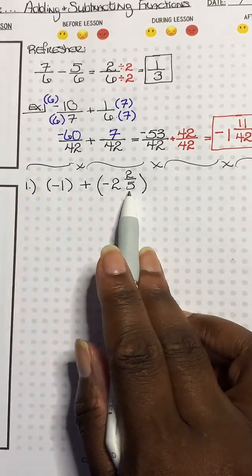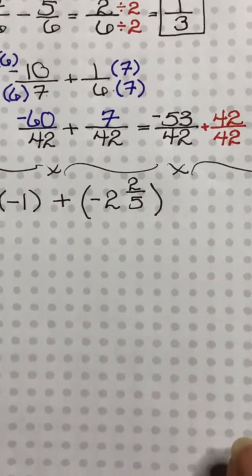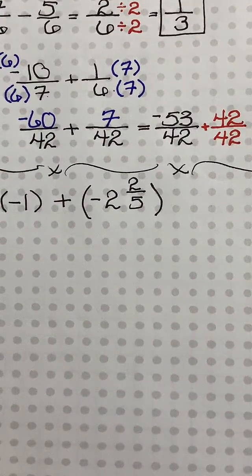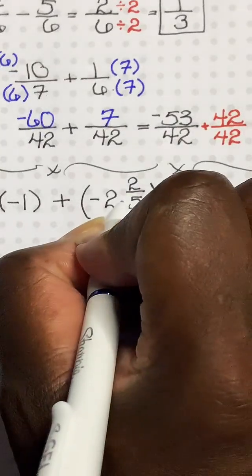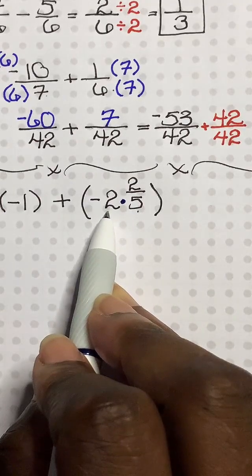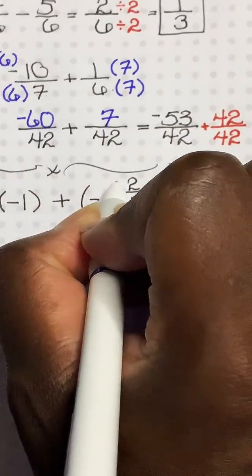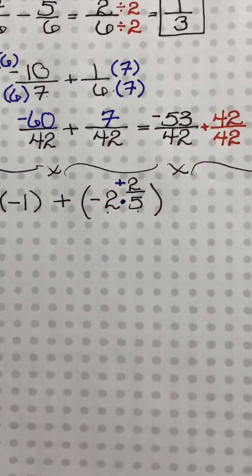When you change from a mixed number to an improper fraction, you multiply the denominator with the whole number, get an answer. Then you take that answer and add it to the numerator.